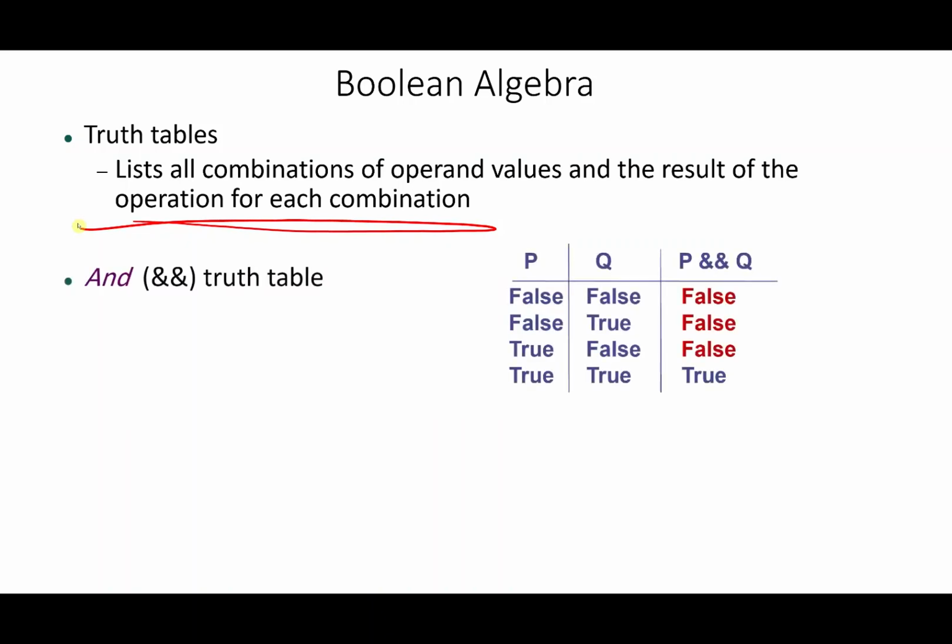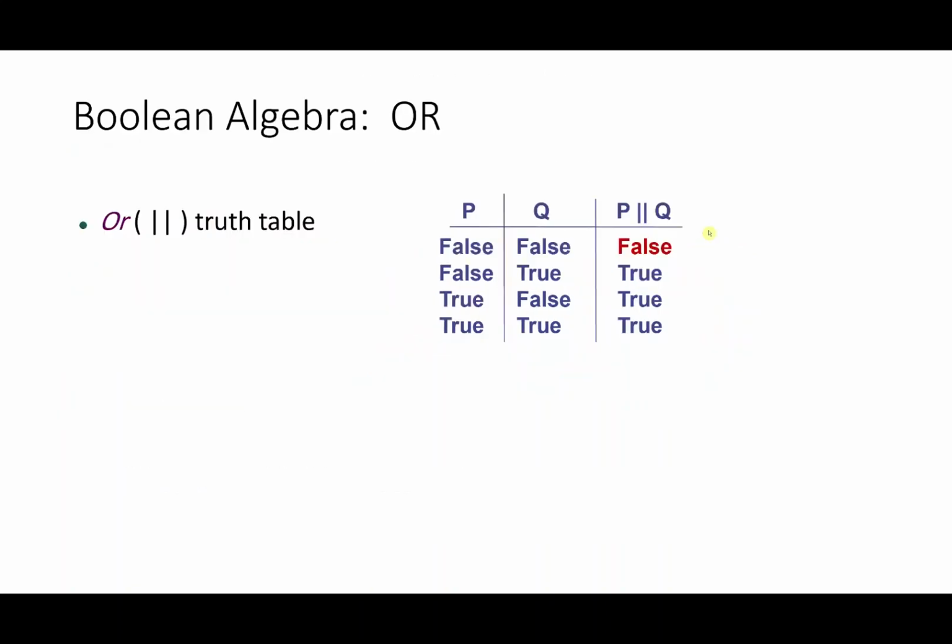What does that mean? It means that if I have a Boolean expression or Boolean variable, this is going to be combined with another Boolean expression or Boolean variable using the and or the or.